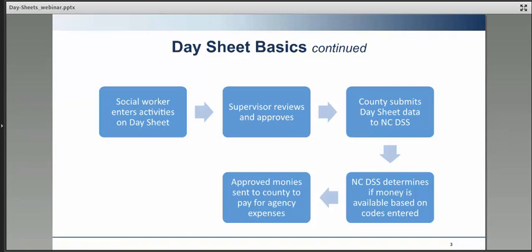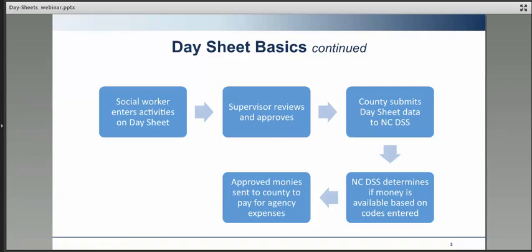Some counties have developed their own electronic daysheet process, but that's fine. Either way, the worker enters their time. A supervisor is going to review and approve that time, making sure that it's appropriate. The county is going to submit that daysheet data to the state via upload, usually electronic upload.